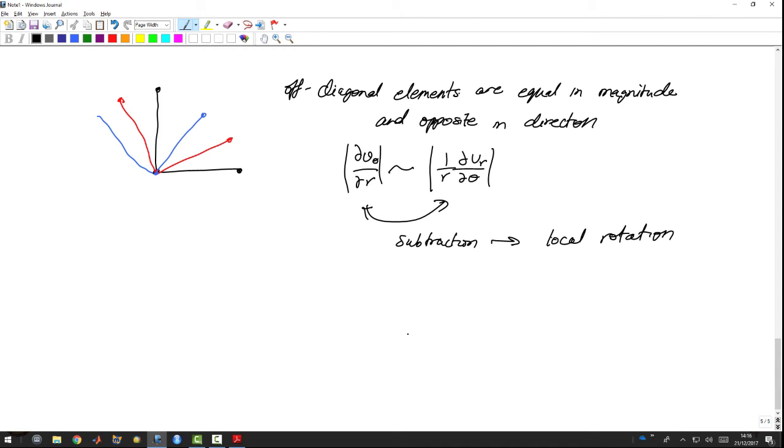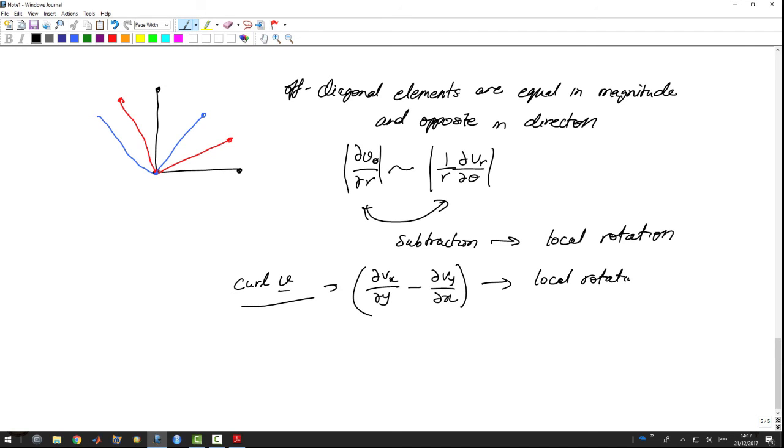This is not surprising if you go back and think of curl of velocity and the components we looked at earlier, del Vx by del y and del Vy by del x. Subtraction of these is the local rotation in z direction. Therefore, terms like this will indicate rotation.